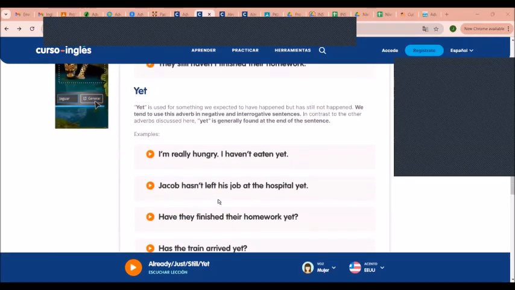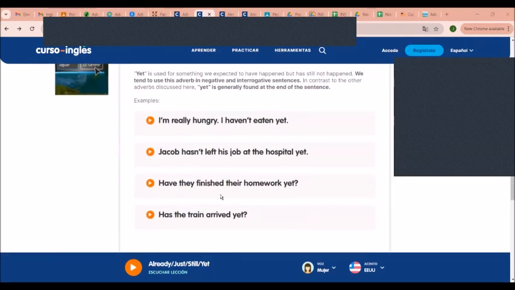And last one, let's go with Tony and let's practice with yet. I think it's Antonio, but maybe you ate the O. Soy yo. Okay, go ahead. Yet is used for something we expect to have happened, but has still not happened. We tend to use this adverb in negative and interrogative sentences.